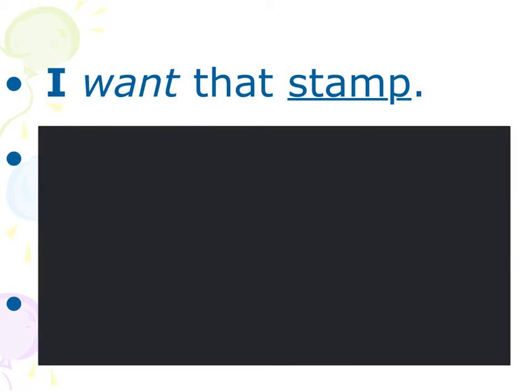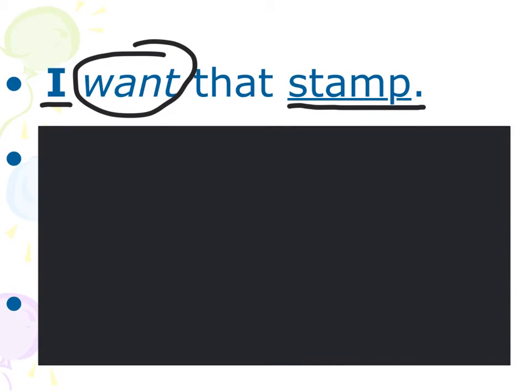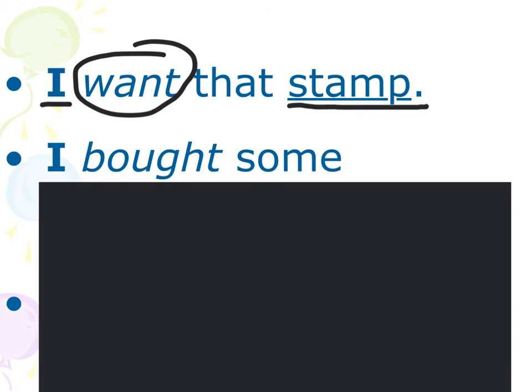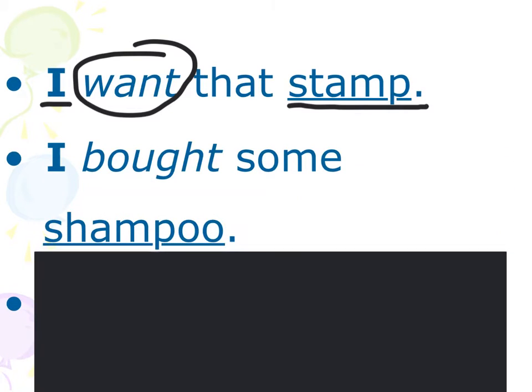Okay, so we're going to go over these 3 English sentences and figure out what the verb, the subject, and the direct object are. Well, in our first sentence, our subject is I. Our verb, you should have circled, is want. And our direct object is stamp. So this stamp should have been double underlined. For our second sentence, I bought some shampoo.